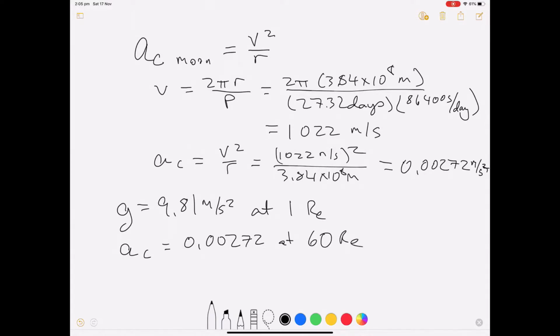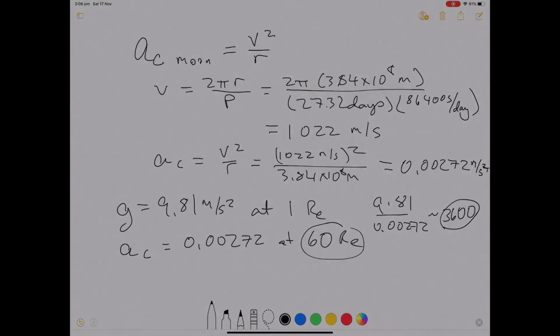And if you divide the acceleration due to gravity at the surface of Earth by the centripetal acceleration of the moon, you find about 3,600. 3,600 is the square of 60. Coincidence? I think not. This looks like a force that's diminishing with the square of the distance.